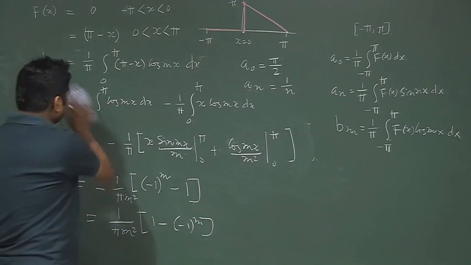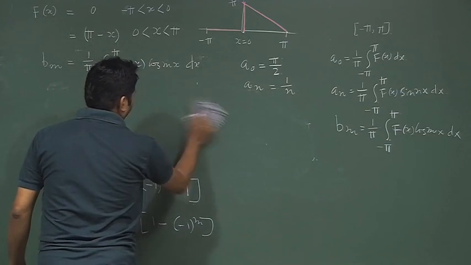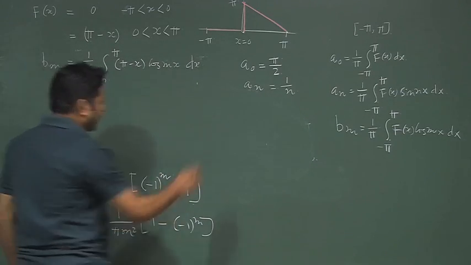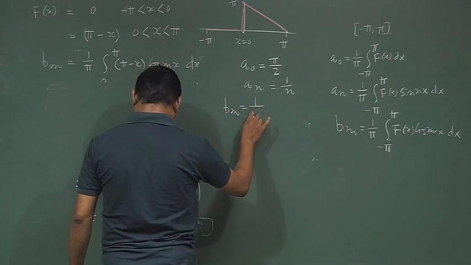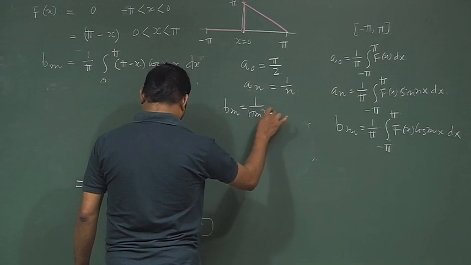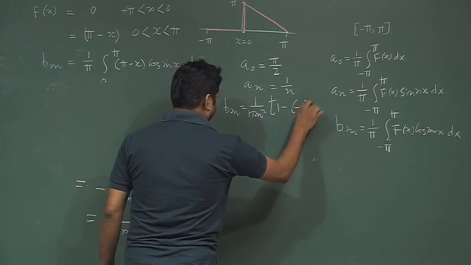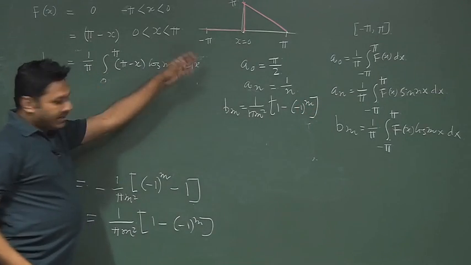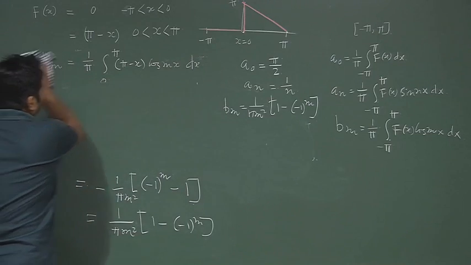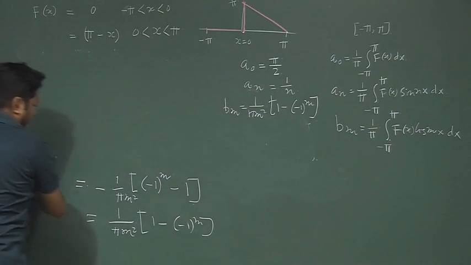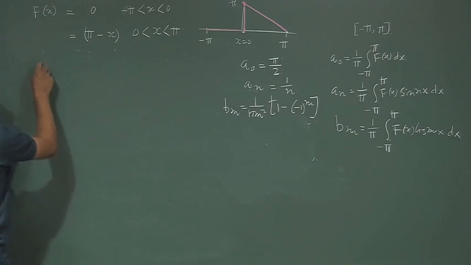If I put it here, my B m comes out to be something like this. Now I have all my A0, An and Bm, so my total calculation is complete. Now I am in a position to write it as a Fourier series.